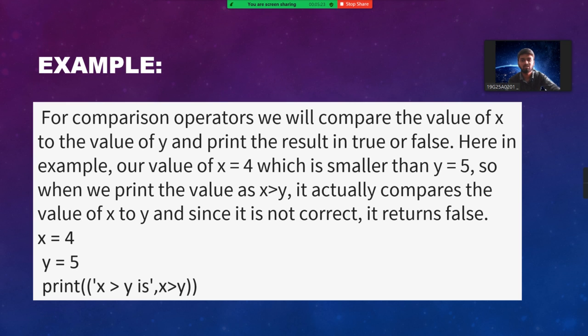In another example, the value of x is 4, which is smaller than y. So when we print x is greater than y, it compares the values of x and y, and since it is not correct, it returns false. This is how we use comparison operators in Python programming.